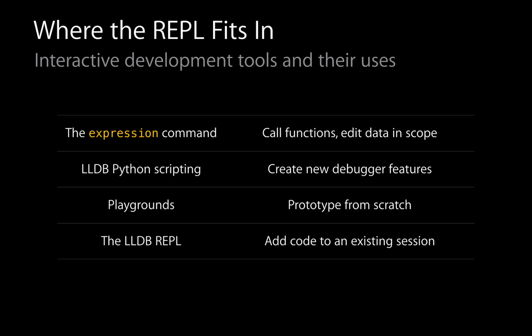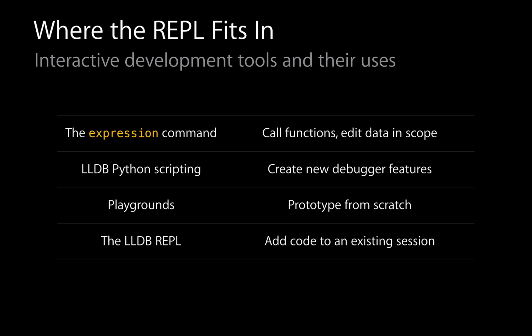First of all, you have the expression command, as I alluded to earlier. That's a great way for when you're stopped to poke at your variables, to call a couple of local functions. We also have, if you're a little bit more experienced lldb user, or maybe you've watched some of our previous session videos, lldb Python scripting.